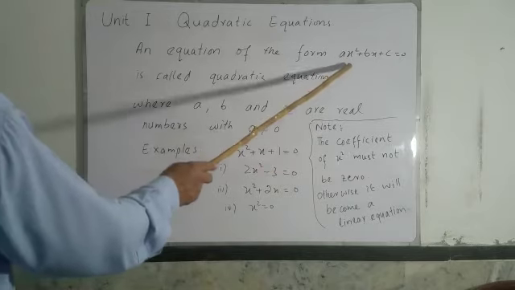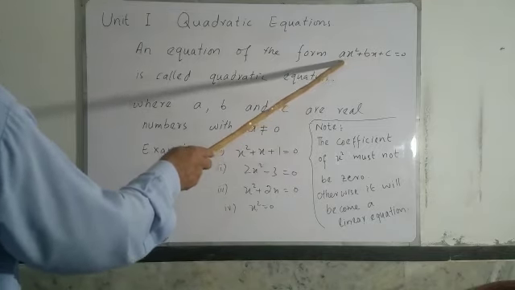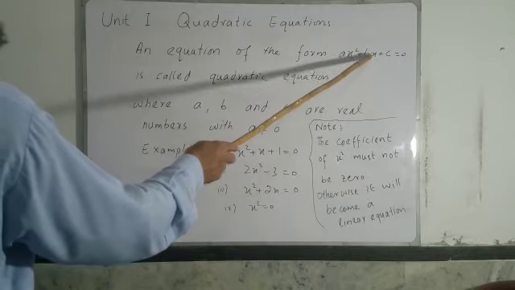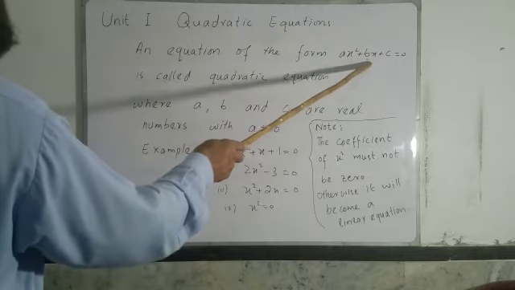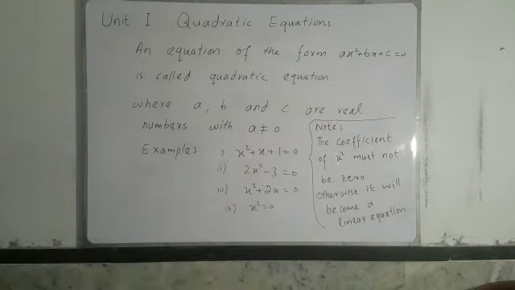Suppose that this a is 0, so then this quadratic term will be vanished and only bx plus c will remain, and then bx plus c is equal to 0 is called a linear equation. A linear equation, what is a linear equation?